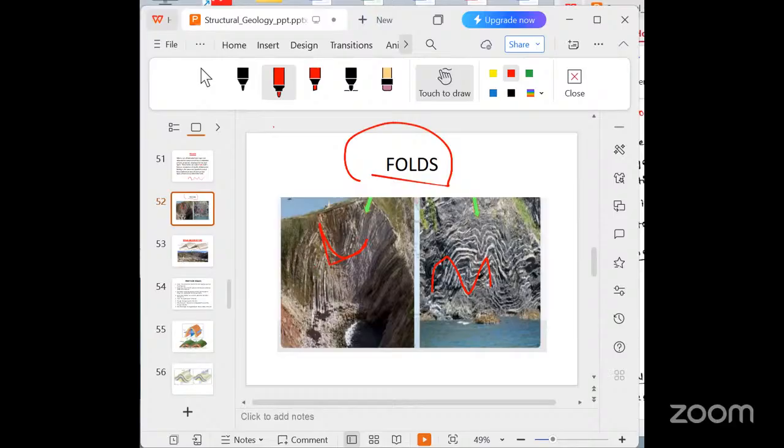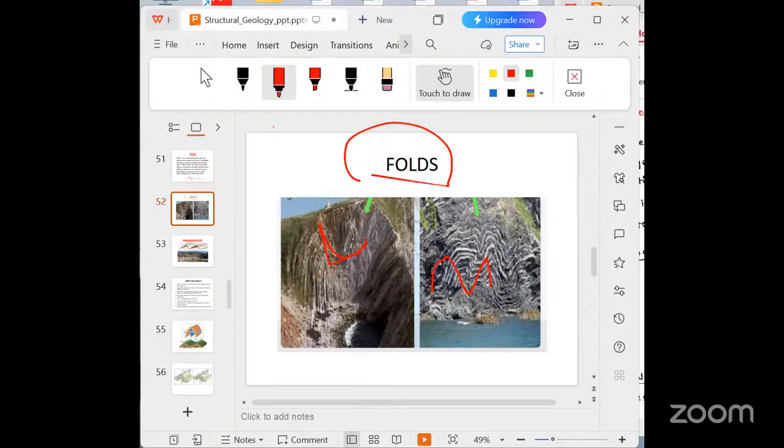This folding is commonly observed in which rocks? The layered rocks, right? They are best displayed by stratified formations such as sedimentary, layered volcanic igneous rocks or metamorphic rocks. These three types of rocks.